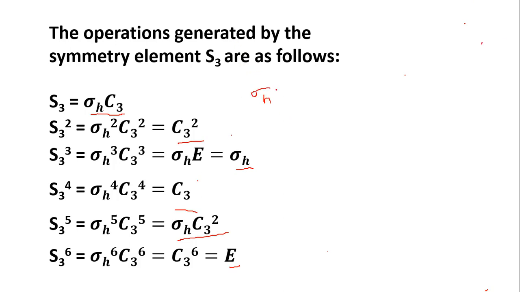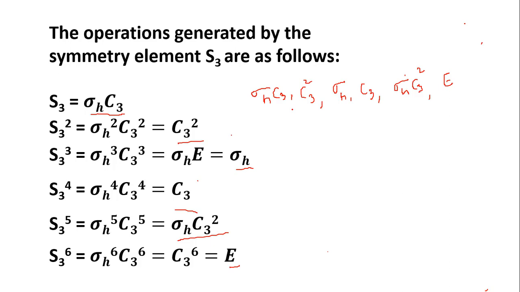Sigma h C3, followed by C3 square, followed by sigma h, followed by C3, followed by sigma h C3 square, followed by E. These are the 6 operations that are generated by S3.